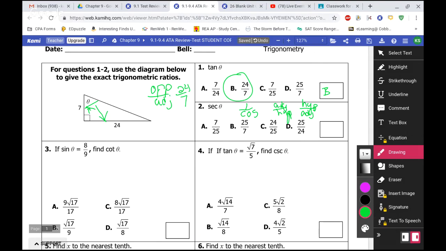We don't have the hypotenuse here, so we need to find that by doing 7 squared plus 24 squared equals, 49 plus 576.